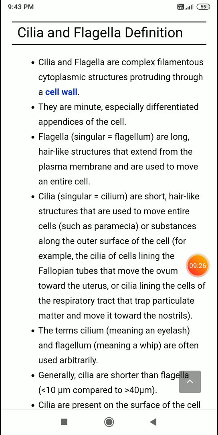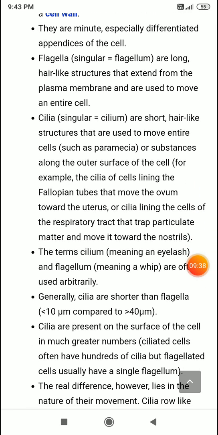For example, the cilia of cells lining the fallopian tubes move the ovum towards the uterus, and cilia lining the cells of the respiratory tract trap particulate matter and move it towards the nostrils.